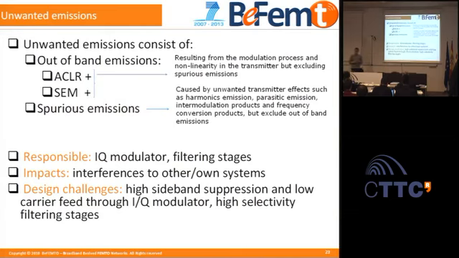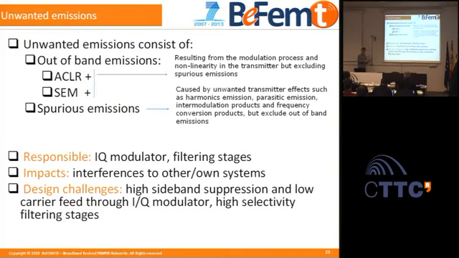You have to employ very good IQ modulators with high sideband suppression and also with low carrier feed-through. That is a parameter of how well the local oscillator is isolated, and you have to employ high selectivity filters.